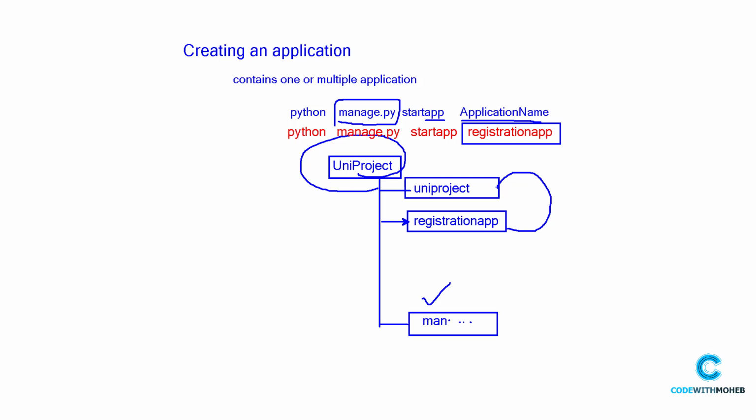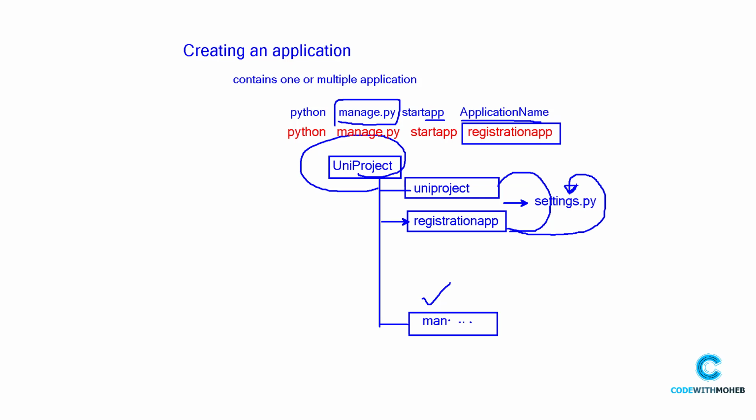Once the application is created, now we have to add or install our application inside our project. If you have watched the previous video where I showed you what files exist inside the inner project, I mentioned one file by the name of settings.py. Once you have created your application, go to the settings.py file.